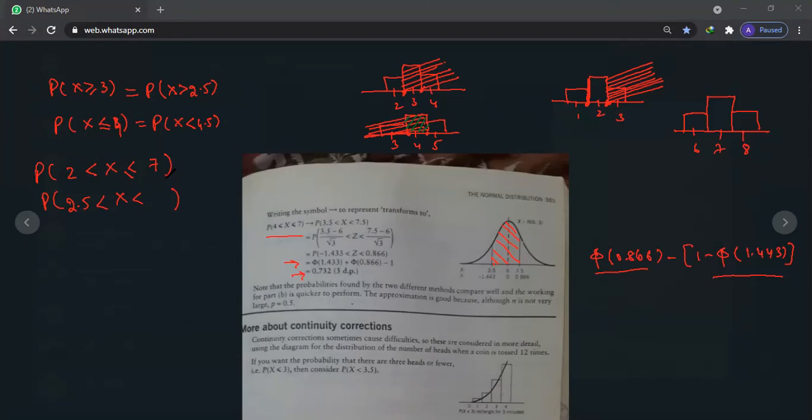Left side. Okay. Will we include 7 or not? Include, sir. Yes. This one is the required area. Now I will write x is less than 7.5 or 6.5. So 7.5. Yes, very good. This one is the continuity correction.